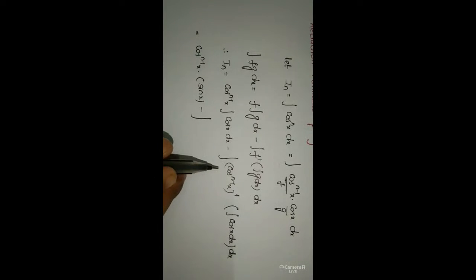What is integral cos x? Sin x, minus integral of the derivative of cos power n minus 1 x, which is in the form of x power n, so n into x power n minus 1, that is n minus 1 into cos x power n minus 2, and again the derivative of cos x is minus sin x, and integral cos x is sin x into dx.